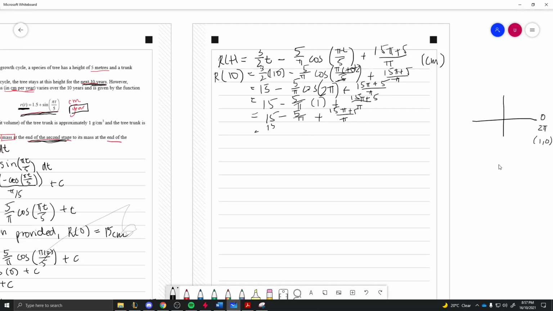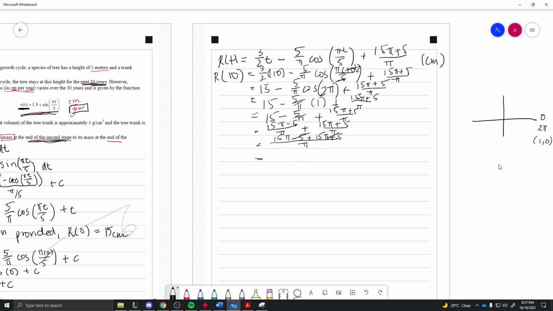So it equals 15 pi minus 5 on pi plus 15 pi plus 5 on pi. Because these are the same denominators, we can combine these fractions. So 15 pi minus 5 plus 15 pi plus 5, all over pi. And this is a plus 5 and this is a minus 5, so these can cancel. And these can add because it's 15 pi plus 15 pi.